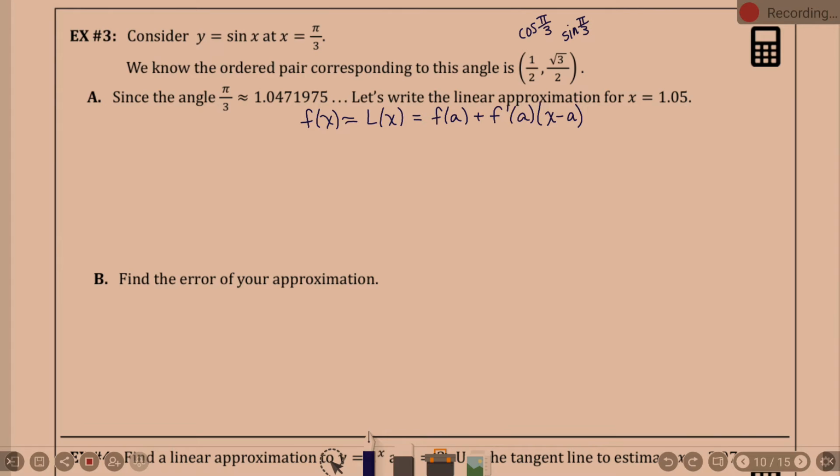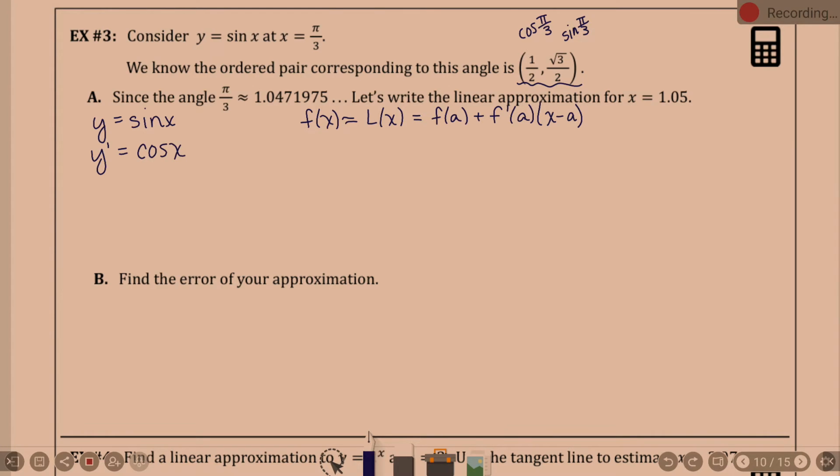So, to write our equation, we were given the ordered pair, yes. What do we also need besides an ordered pair? A slope. How are we going to find the slope? The derivative. What do we need to take the derivative of? Sine, right? If the given function is sine, what is y prime?